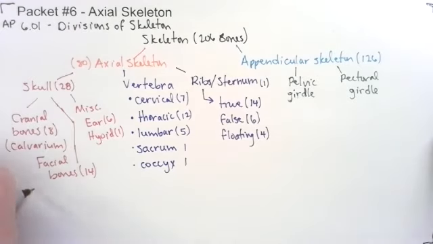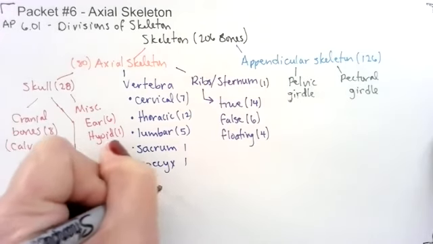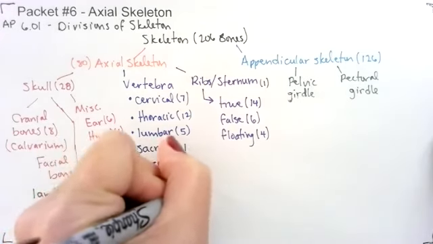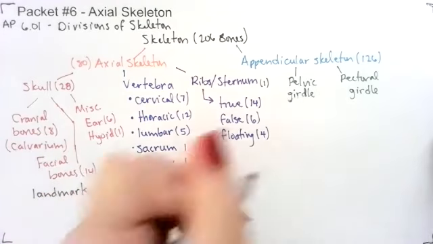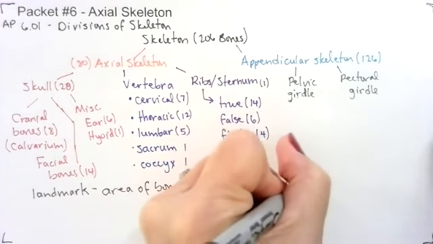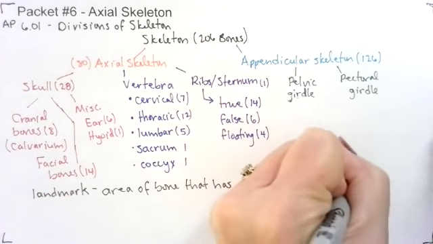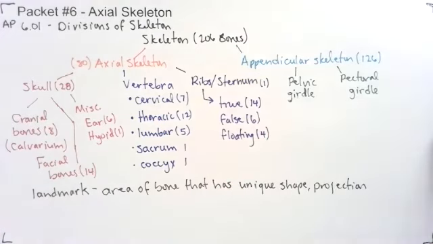So if I say landmarks, that is an area of the bone that has a unique shape, maybe it has a projection. And we learned these in the last chapter. We learned what a fossa was, we learned where the foramen was, a trochanter. And so we're going to learn all of those landmarks of the bones.